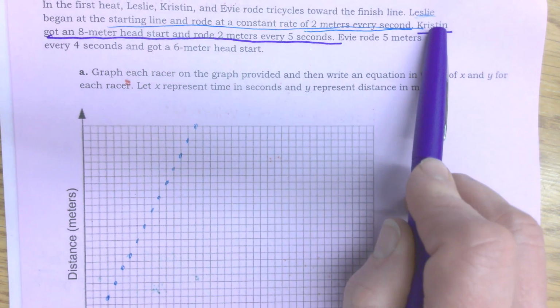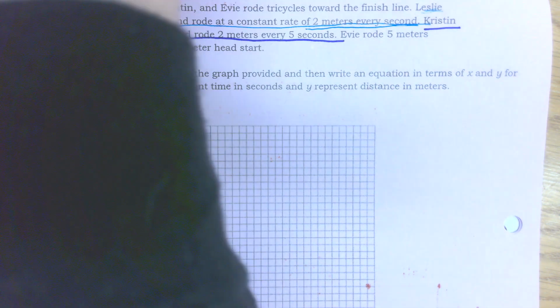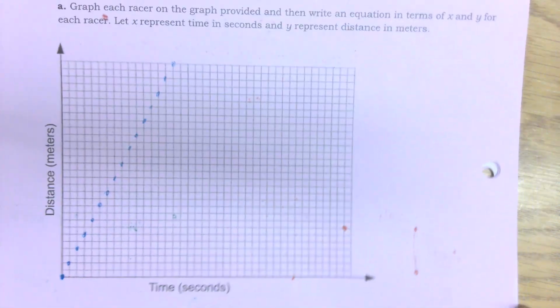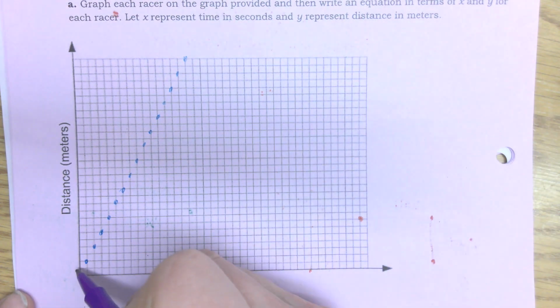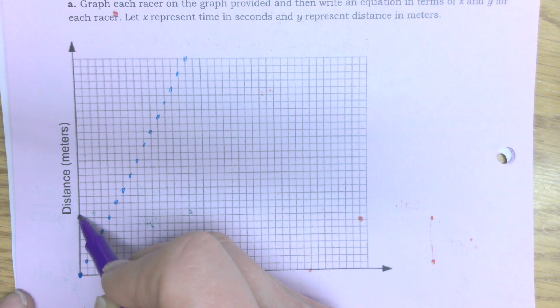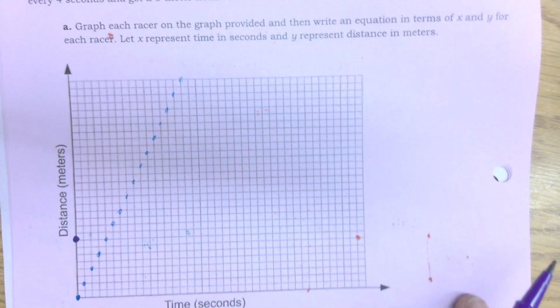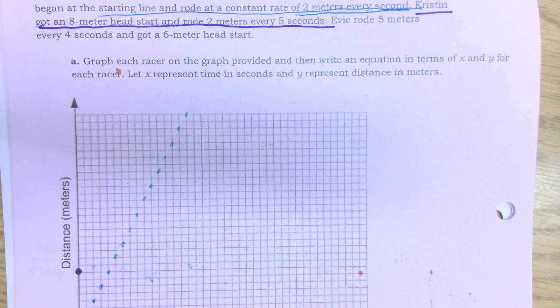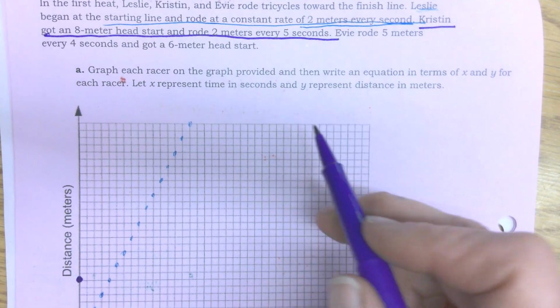So Kristen starts at 8 meters. 1, 2, 3, 4, 5, 6, 7, 8. There's Kristen. Kristen's going in purple on my page. If you have different colors, you can use them. If not, it doesn't really matter. But we'll have to label the lines when we're done.